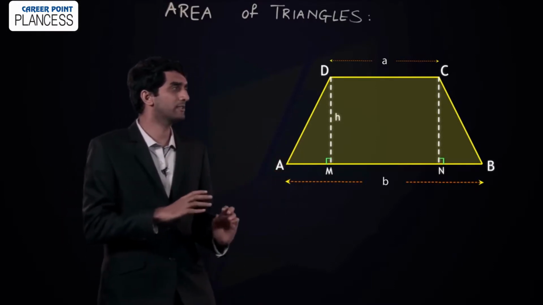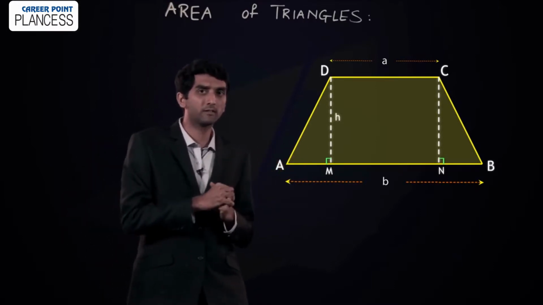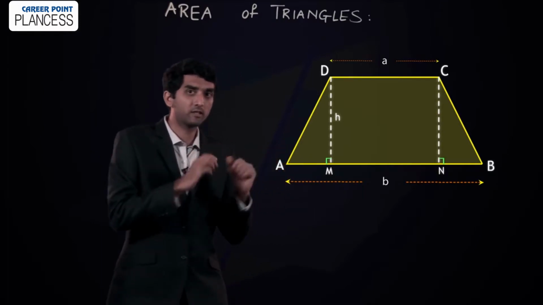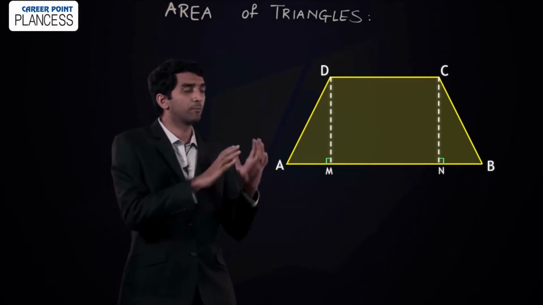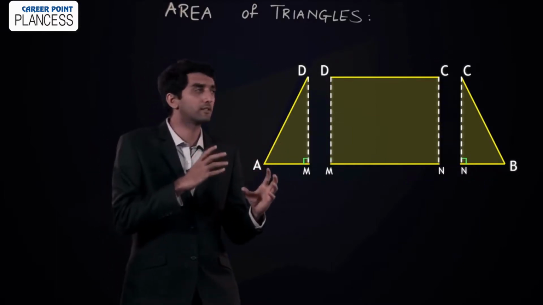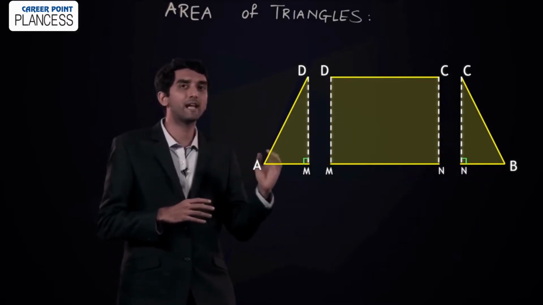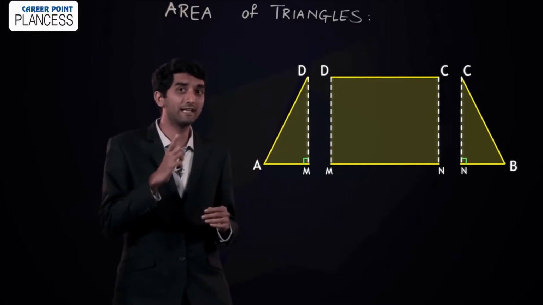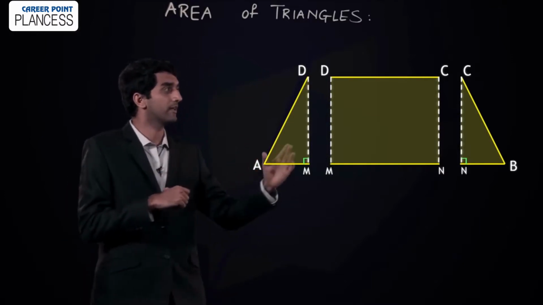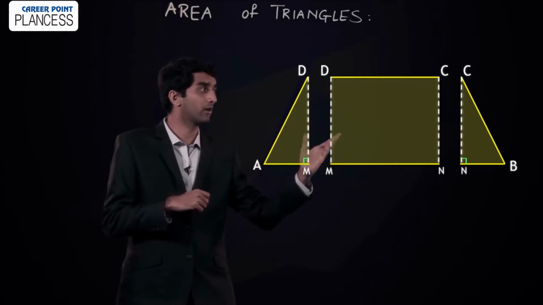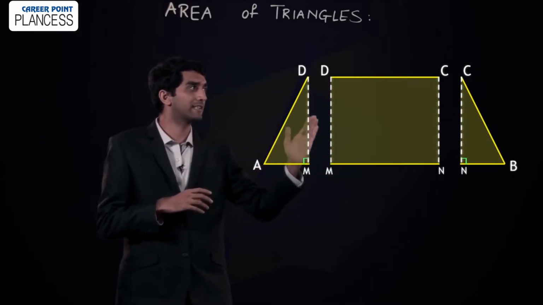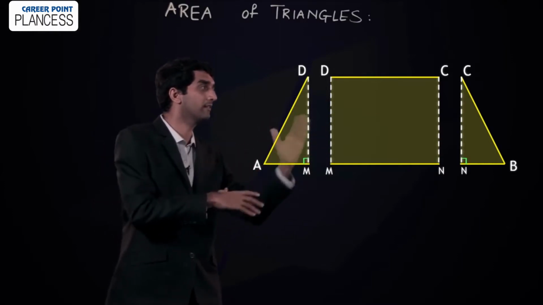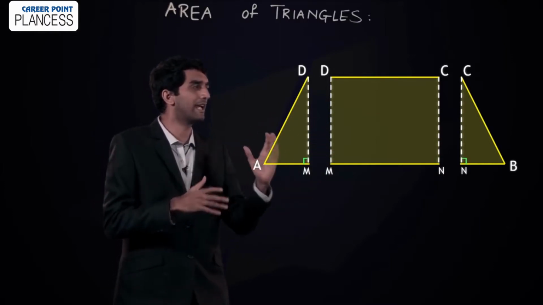Now, as you can see, after the perpendiculars are dropped, this trapezium is broken into three parts: a right angle triangle AMD, a rectangle MNCD, and another right angle triangle CNB.